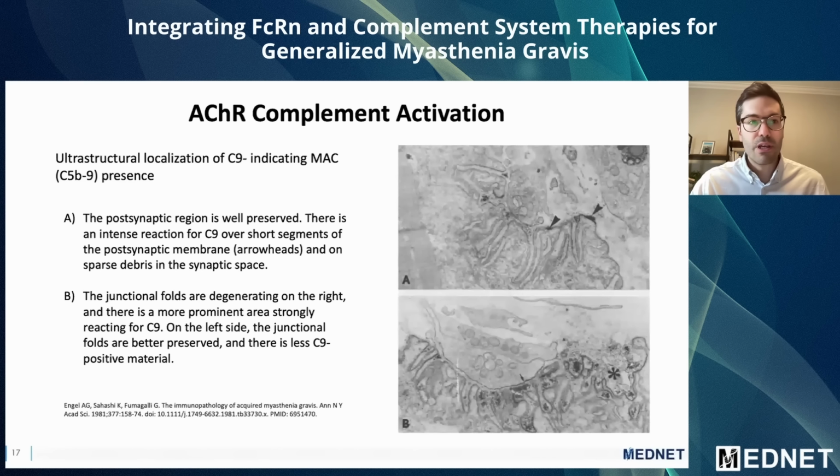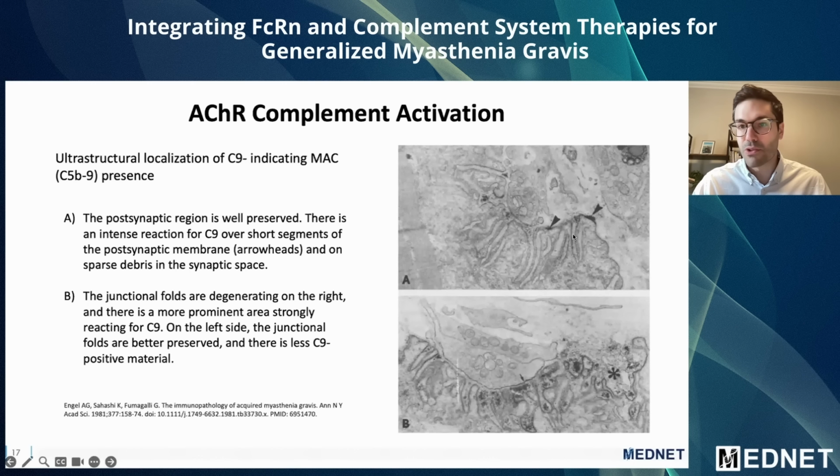So in this figure, in A, it shows ultrastructural localization of C9. And that's going to be the dark components that we're looking at. And that's indicating that MAC, or that membrane attack complex, is present at that spot because the MAC consists of C5b to 9. So in A, we can see that the postsynaptic region is relatively well preserved.